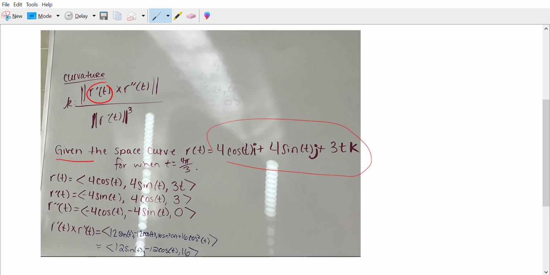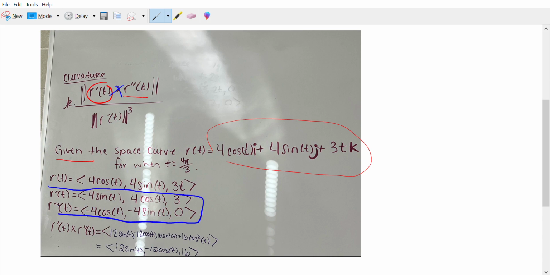So we found the first derivative and the second derivative, and now we want to find the cross product. If you remember the cross product, we're looking at just these two here.